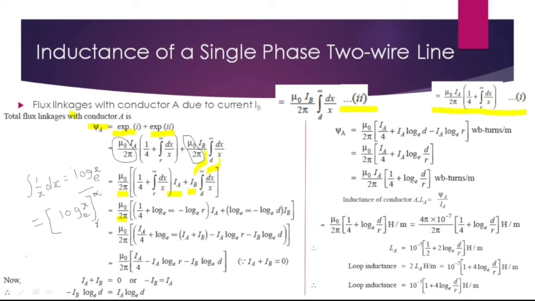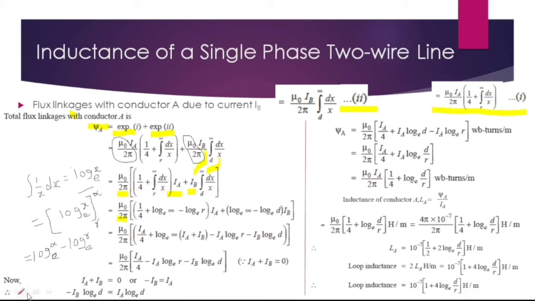Applying the limits, it is upper limit minus lower limit, that is log of infinity base e minus log of the lower limit r base e.